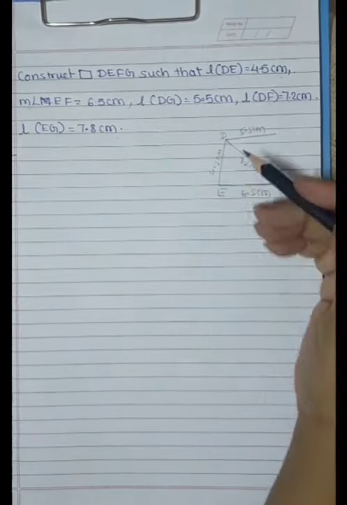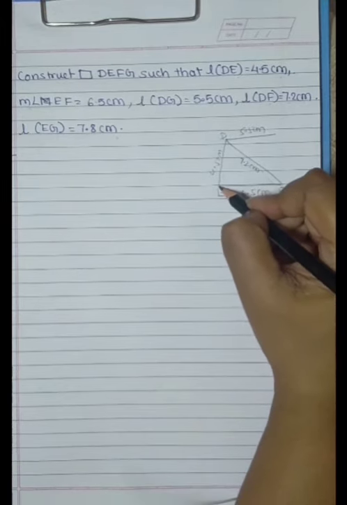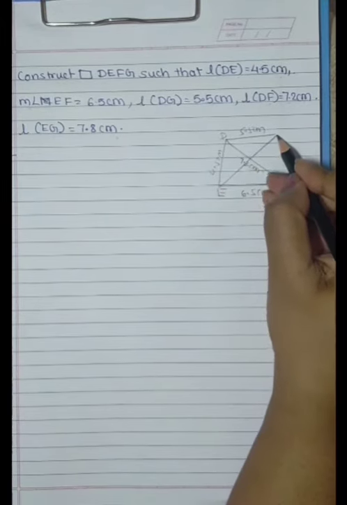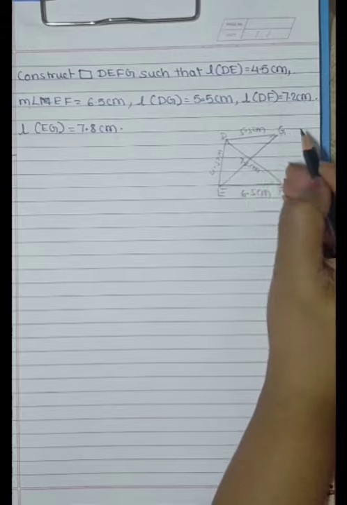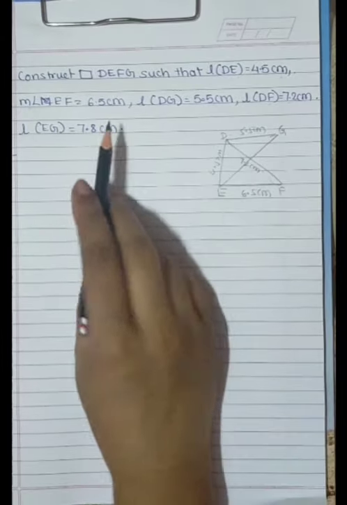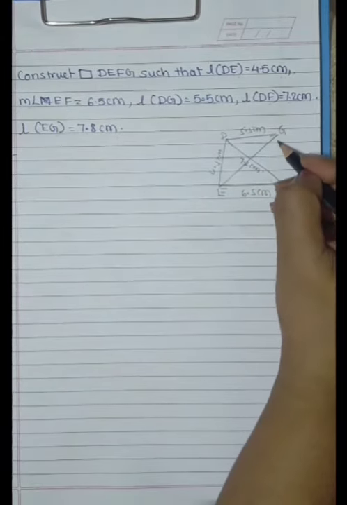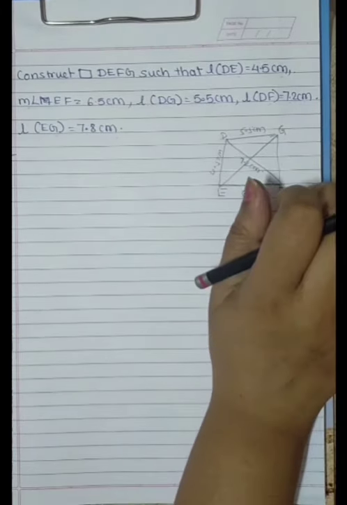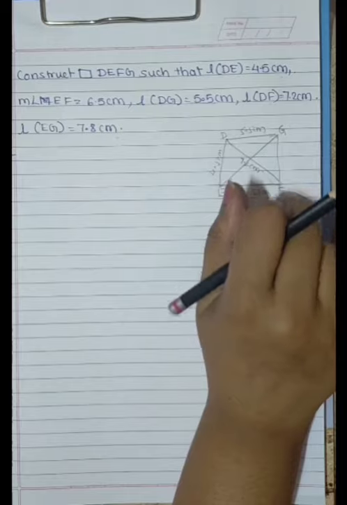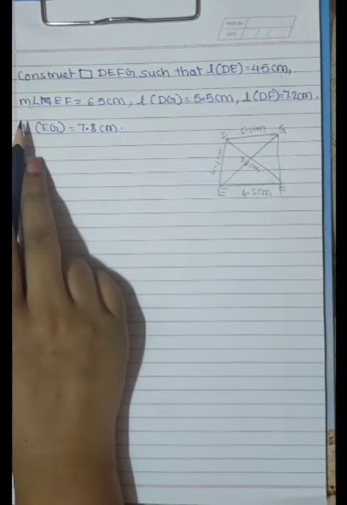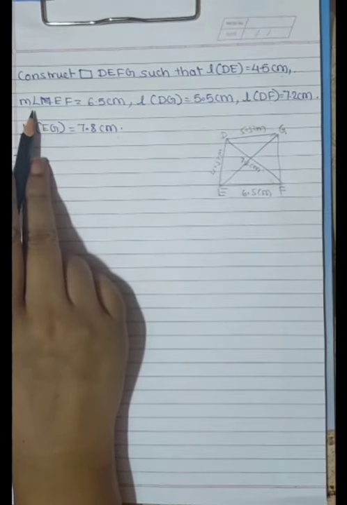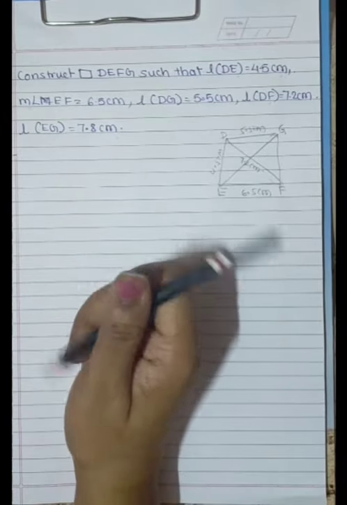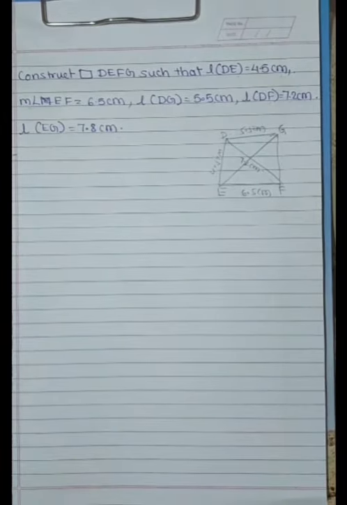EG means here E and G. Like this diagram we are expecting for this question number 2.